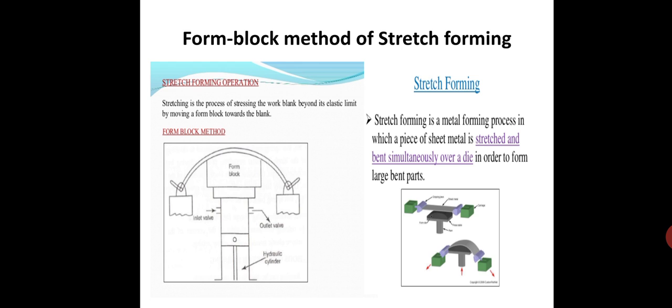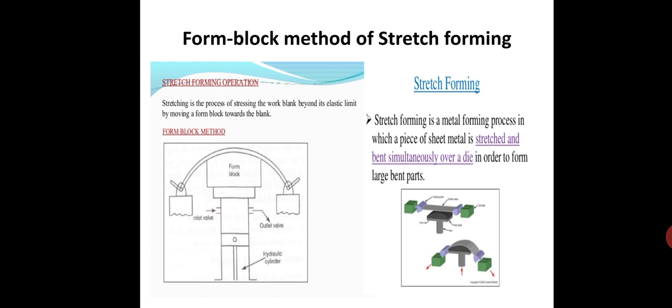The force is given to the form block, and the right side diagram shows the stretch forming operation. Here the form block is stationary, not movable, and the stretch force is given to the grippers, which move towards the form block to obtain the required shape. Both operations have a single stretching process.